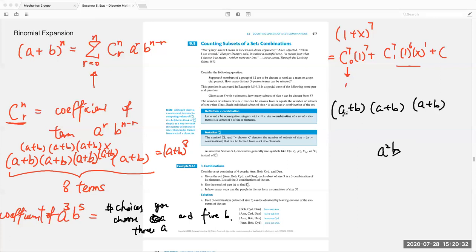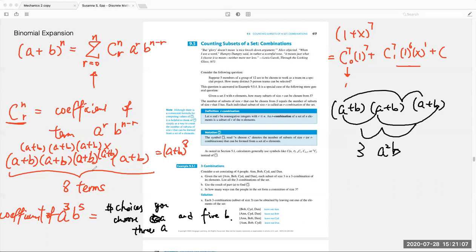You can take this A times this A times this B, or this A times this B times this A, or this B times this A times this A. So that means there are 3 different choices. So the coefficient of A squared times B is 3.